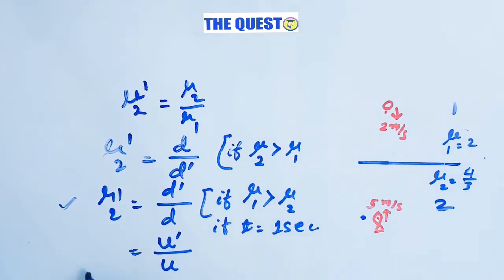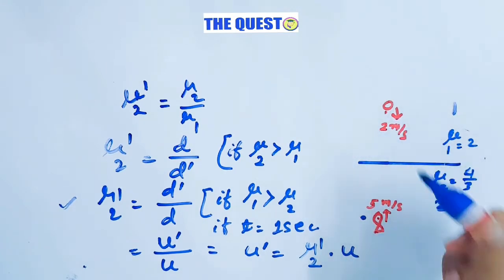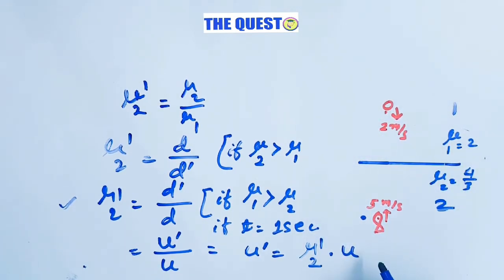So the apparent speed of the object with respect to a stationary object in the second medium will be equal to mu21 into u, where u is the actual speed of the object. So here mu21 is what? Mu2 by mu1 into u.